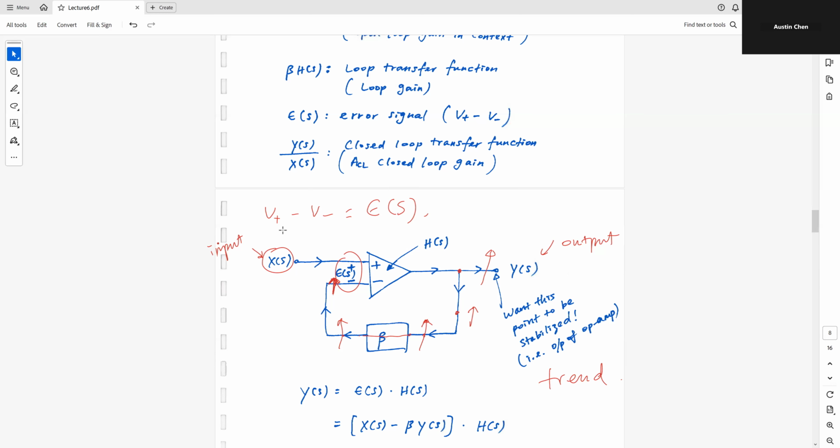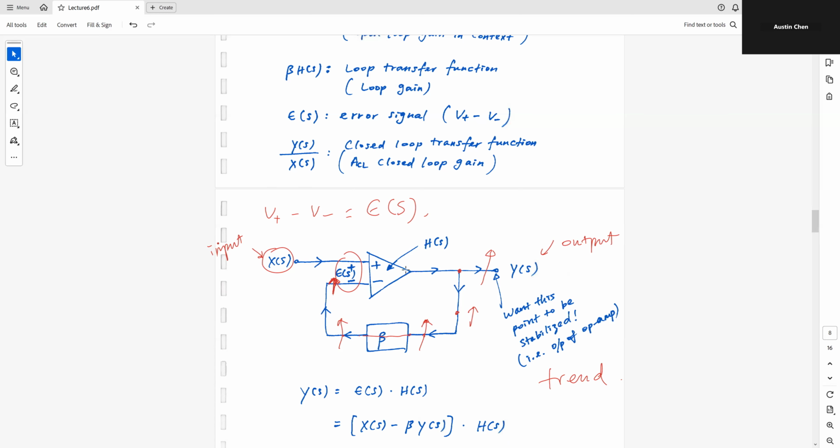In other words, if you look at this expression, I have V plus here and V minus here. If V plus is fixed and V minus is going up, then the delta between V plus and V minus will be smaller. Therefore I get a smaller error signal, multiplied by the gain of this op-amp.